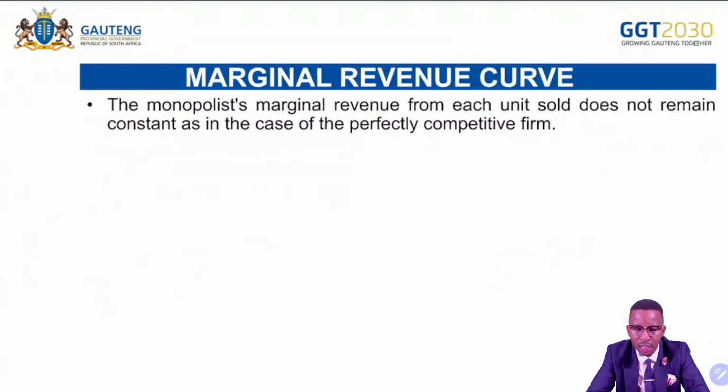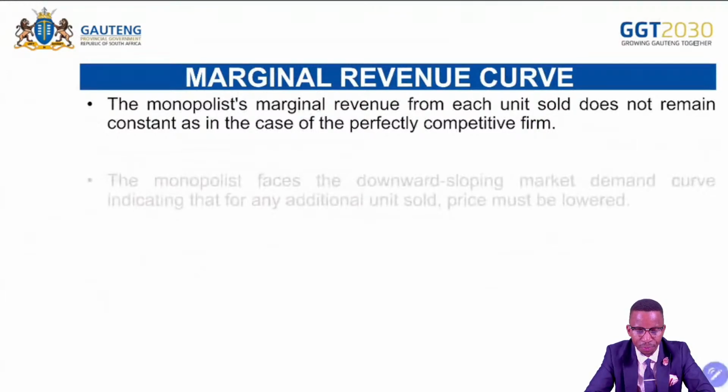The monopoly's marginal revenue from each unit sold does not remain constant as in the case of the perfect market. Why doesn't it remain constant? It does not remain constant because the firm has an influence over the price. The firm will always increase the price to decrease the output, or decrease the price to increase the output. That will result in whatever quantity is produced by the firm being indicated along the downward sloping demand curve.